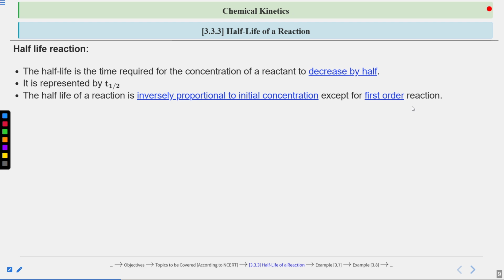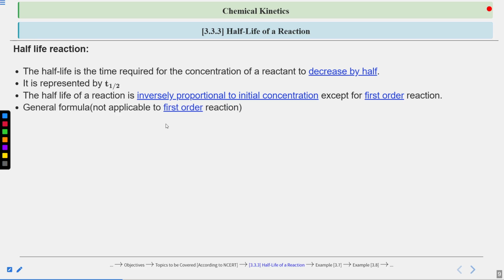So half-life is inversely proportional to initial concentration. That means if the initial concentration is larger, the half-life will be smaller, and if the initial concentration is smaller, the half-life will be larger. So that's the case except for the first order reaction.